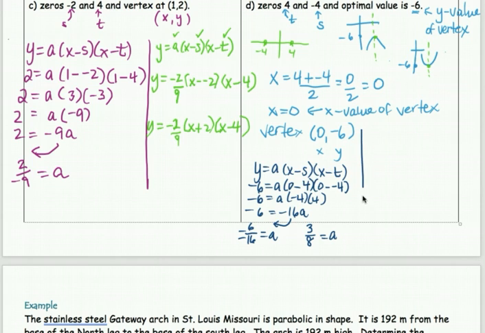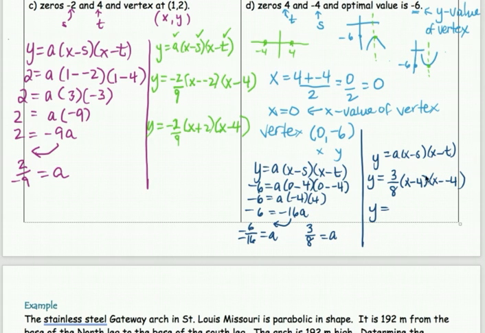All right, and then I'm going to write my final equation here by filling in my 3 letters. Okay, but I don't fill in the x and y. So my a is 3 over 8. So x minus 4, x minus -4, and then clean it up.